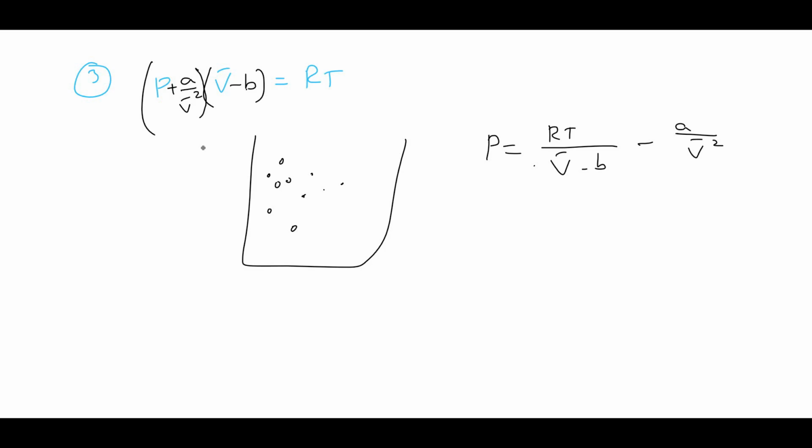The value of A depends on the attraction or repulsion. If A is greater than 0, there is attraction and the pressure will be reduced. And if A is less than 0, there will be repulsion and the pressure would be increased because of that.